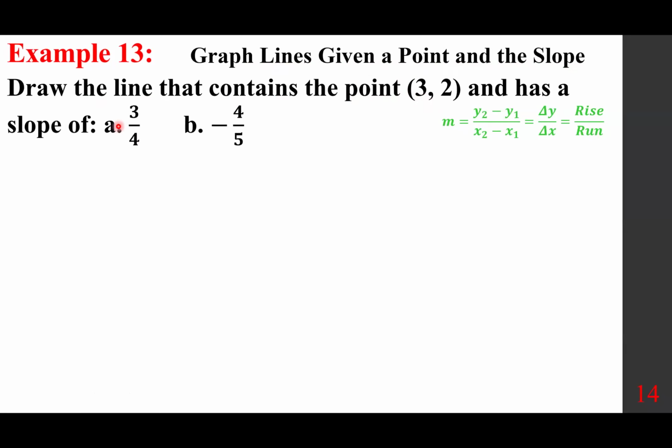So if you think about this number, rise, the change in y over change in x, you add, for the x, the bottom, and for the y, the top. In other words, if you have 3/4, add 4 to x, the bottom to x, and the top 3 to y. So if I want to add 4 to x, I'm going to add 4 to 3, and I get 7. If I want to add 3 to y, I get 5.